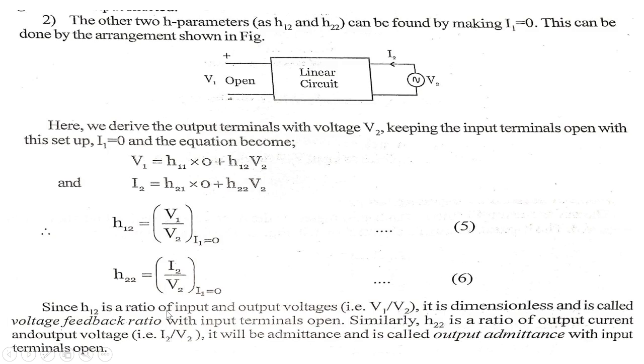Since H12 is a ratio of input and output voltage, that is V1 upon V2, it is dimensionless and is called voltage feedback ratio with input terminal open. Similarly, H22 is a ratio of output current and output voltage, that is I2 upon V2. It is an admittance and is called output admittance with input terminals open.